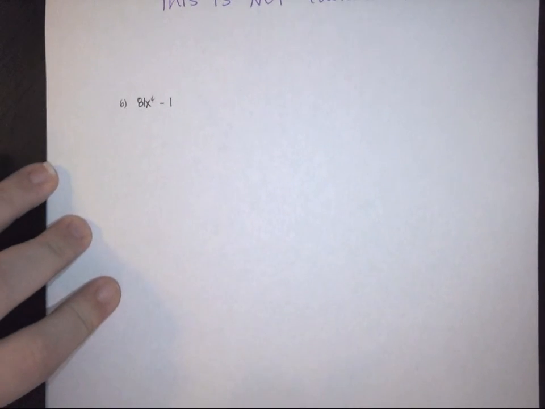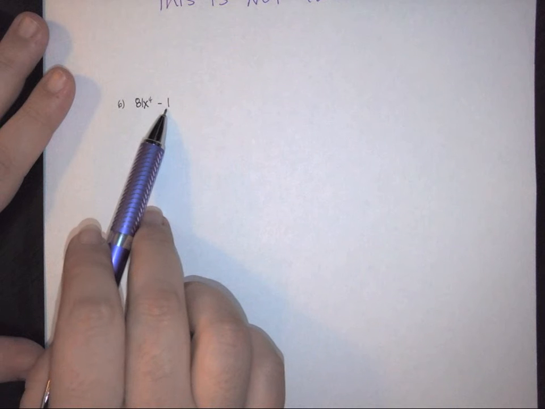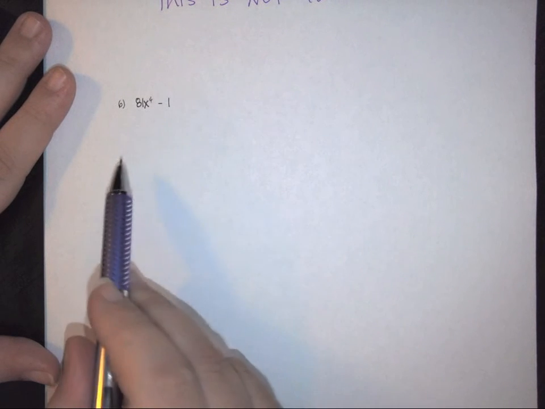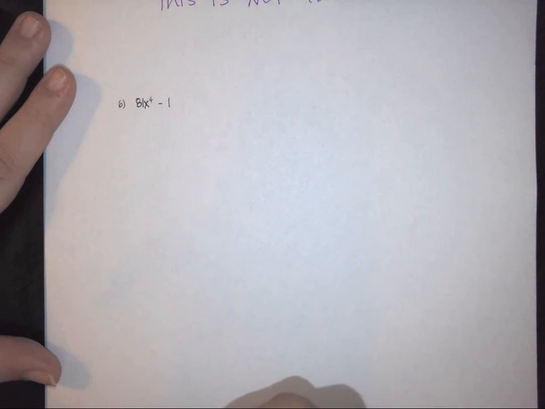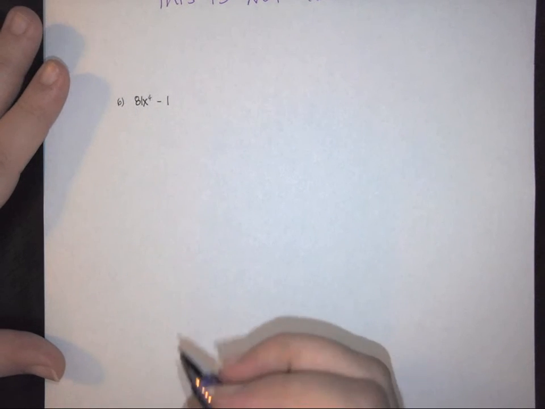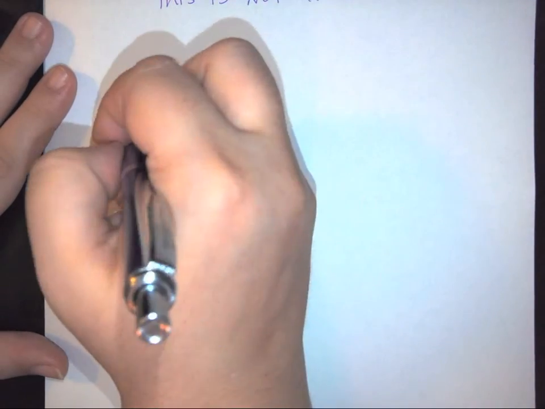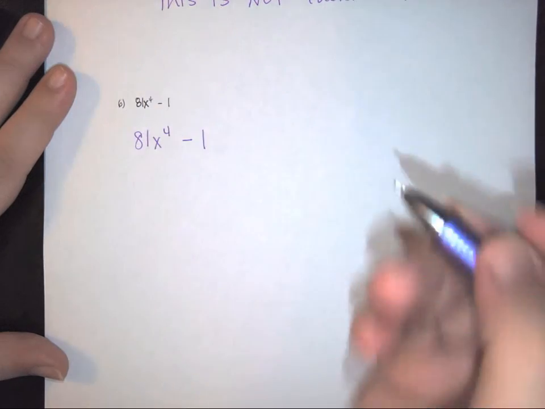Now, the last one I wanted to look at was this bottom one, specifically because my last term is a 1. A lot of students here will say that this is a non-factorable expression, and in this instance, you would not be correct. Now, whereas there is no GCF here, we have 81x to the 4th minus 1.